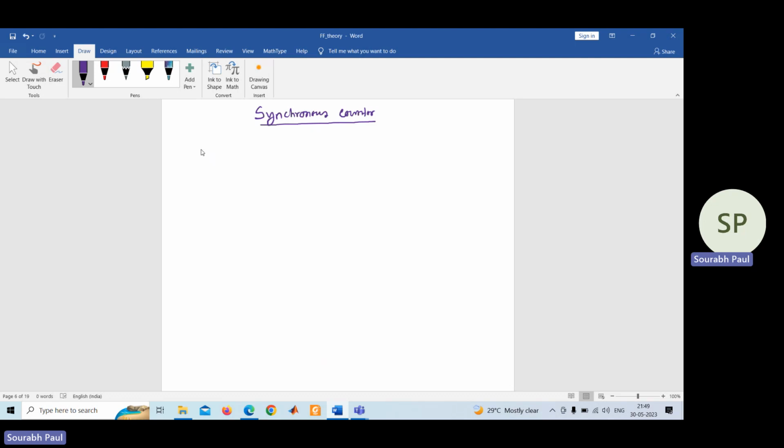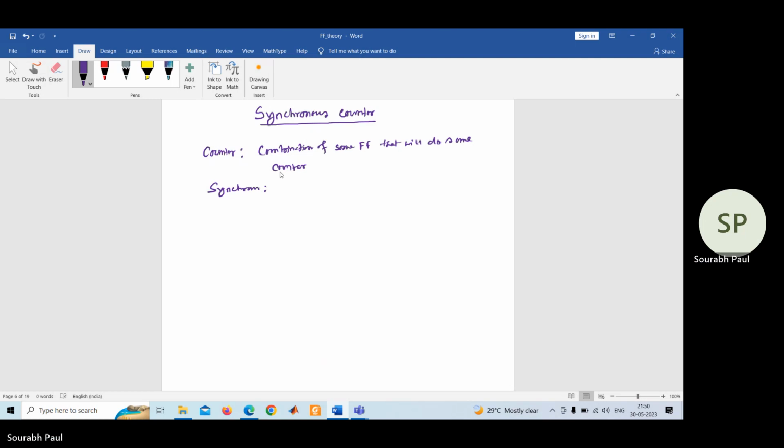Now, first of all, what is the meaning of counter? Counter is nothing but the combination of some flip-flops that will do some count operation. This is the meaning of counter. Now, what is the meaning of synchronous?